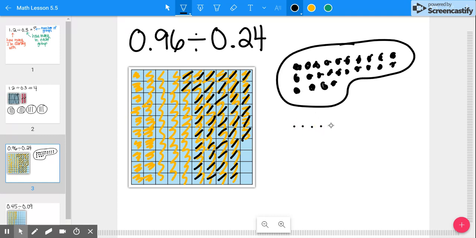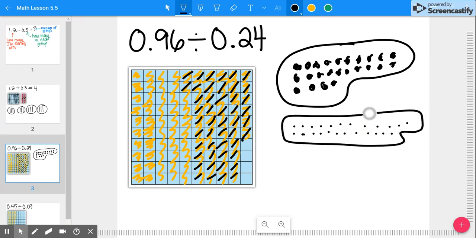I draw 24 dots, and put a circle around it because I know that's another group. Going to count again, 24 hundredths makes another group.